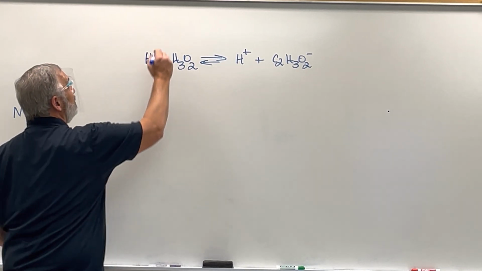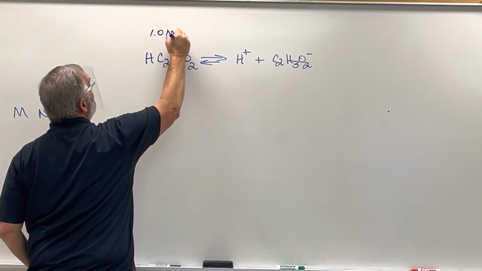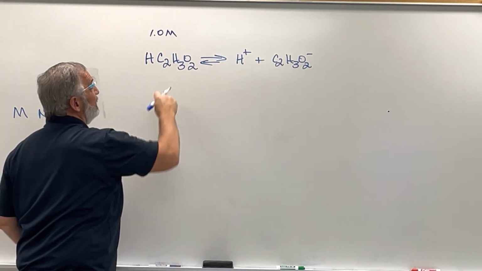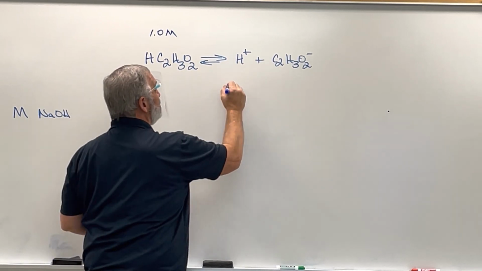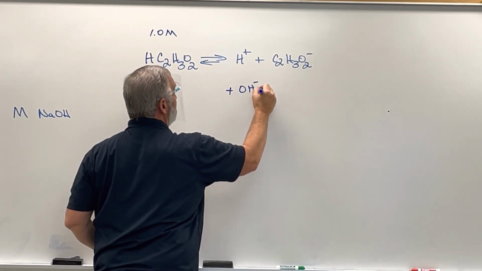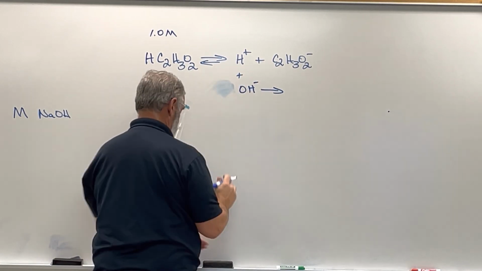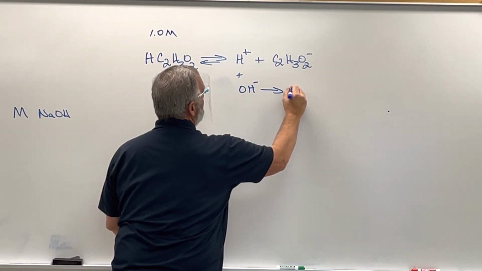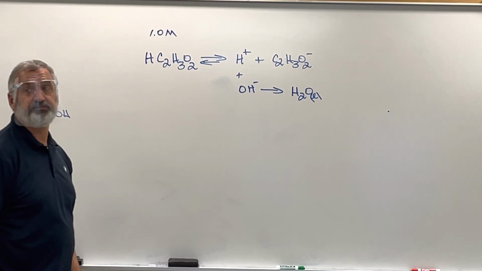But if I have 0.1 or 1 molar of this, the H plus is going to be real small. But the more OH minus I add, it's going to mix and make water. So what's that going to do to my equilibrium?